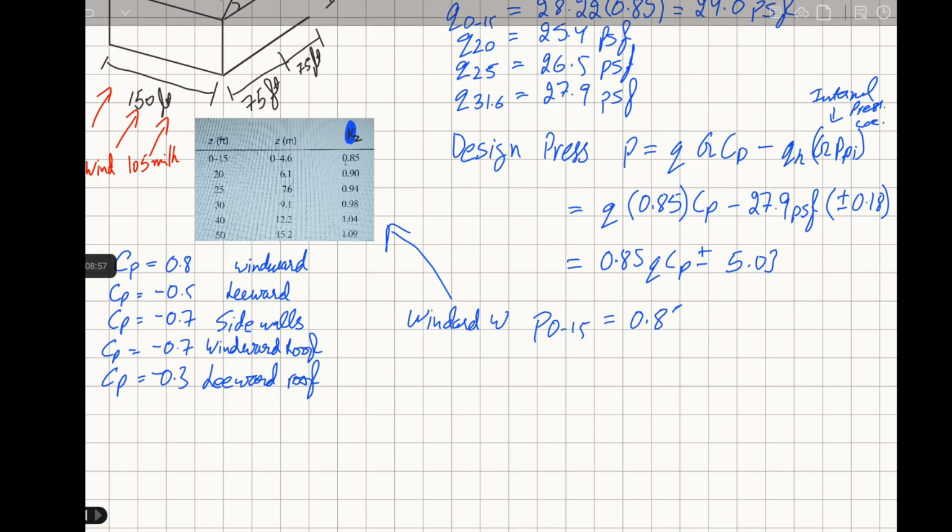Plug the values in. So 0.85 times our velocity pressure, which we already know is 24.4 pounds per square foot, times our external pressure coefficient, which is given as well, and it's 0.8, plus or minus 5.03. Solving this, we get 11.3 pounds per square foot or 21.3 pounds per square foot.